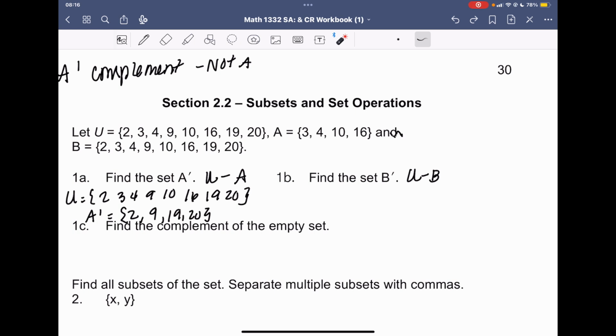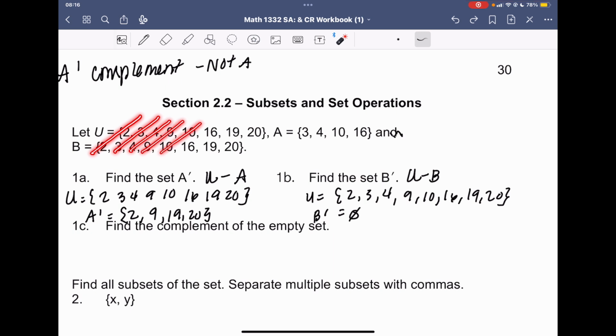So U minus B, what we call B prime or B complement, is going to be the empty set. It's empty because it's one for one here: 2, 3, 4, 9, 10, 16, 19, and 20. So instead of saying 0, we say it's the empty set.